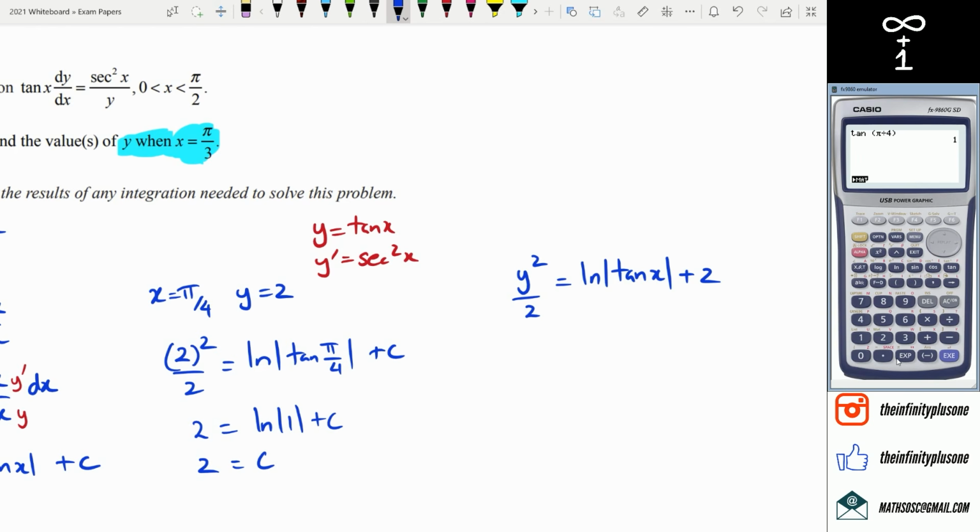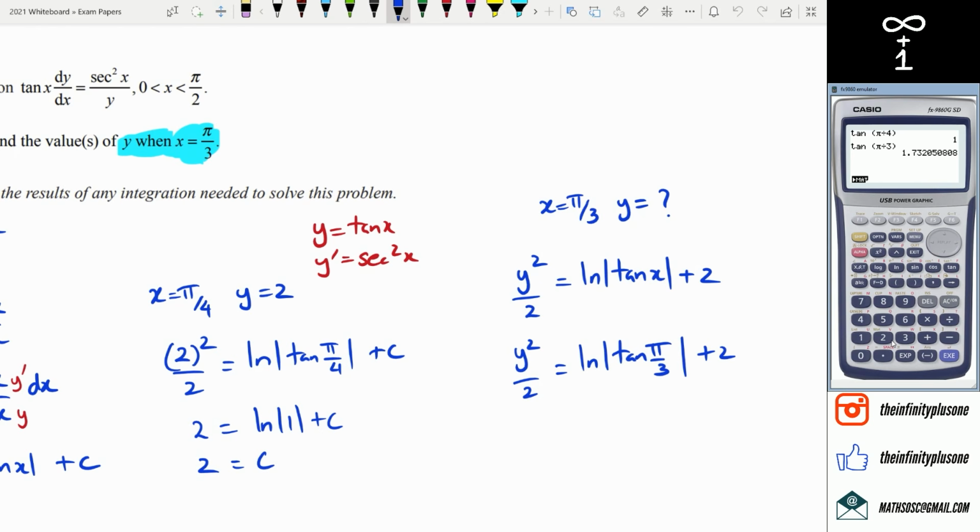And now I'm trying to solve the part that's highlighted in blue, which is x is equal to pi over 3. What is y? So we've got y squared over 2 equals ln of tan pi over 3 plus 2. Going back to my calculator, I need to work out tan of pi over 3. That is an ugly looking number, 1.73.